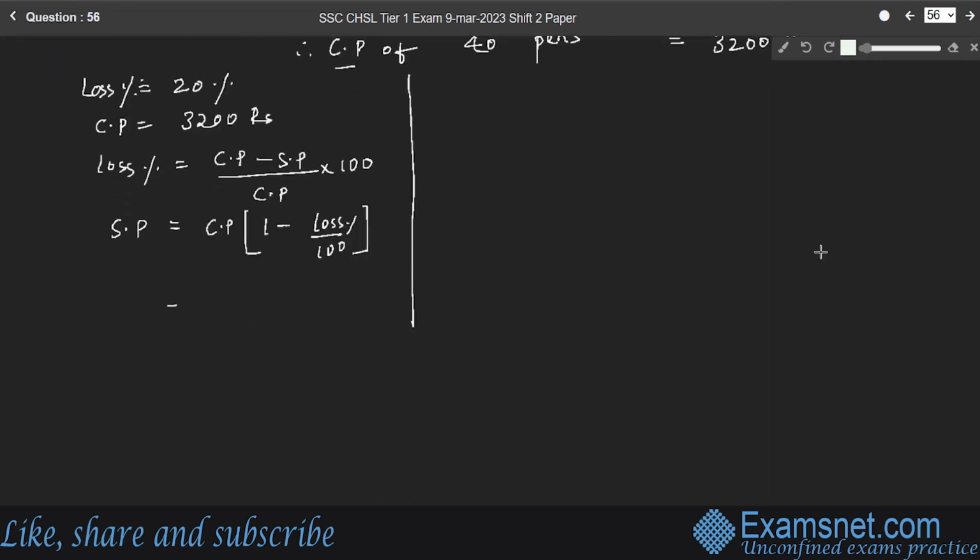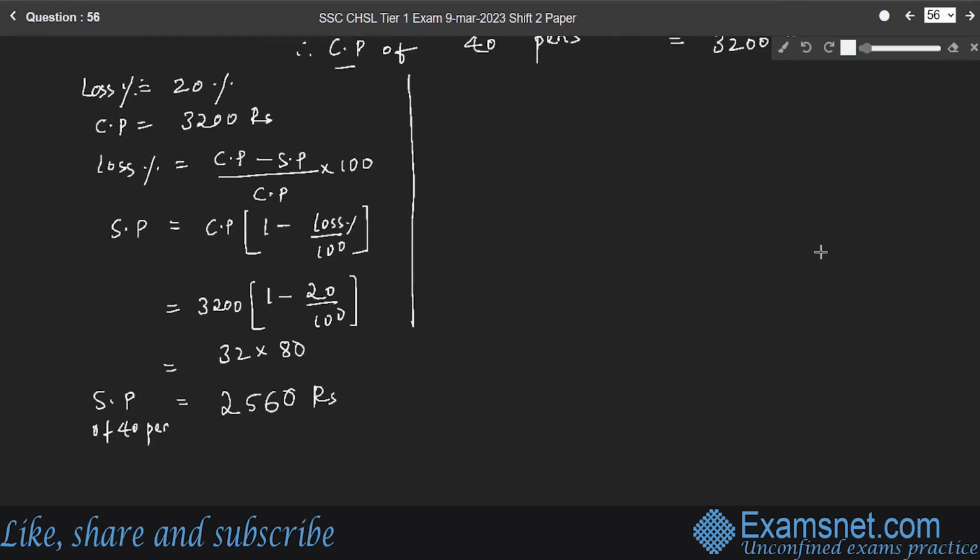Selling price of 40 pens: cost price is 3,200 into (1 minus 20 by 100). Therefore, it is 32 into 80, since 2 zeros get cancelled, which is 2,560 rupees. So 2,560 rupees is the selling price of 40 pens, where there was a loss of 20%.